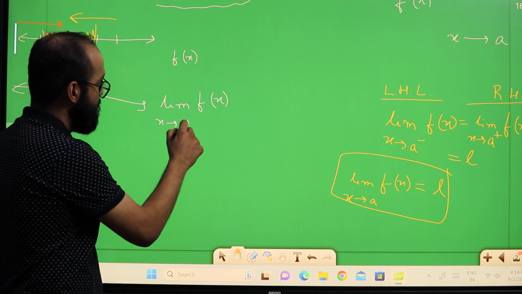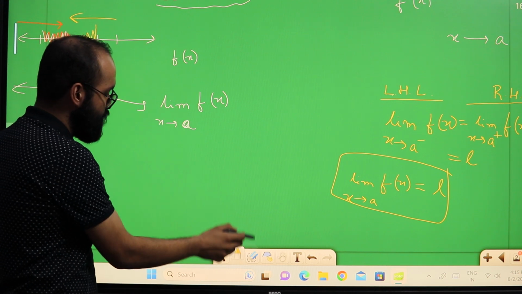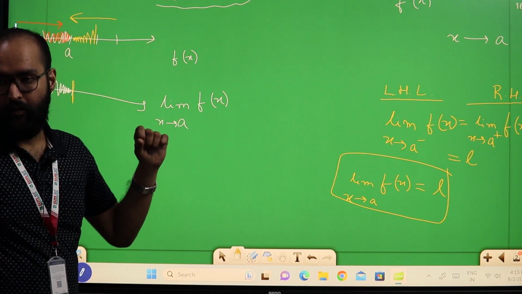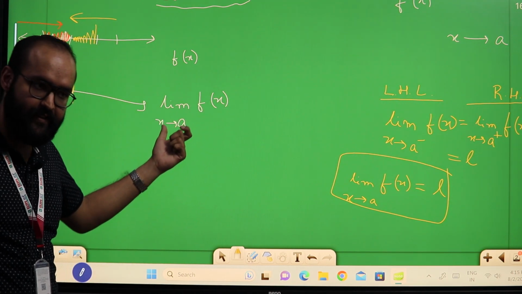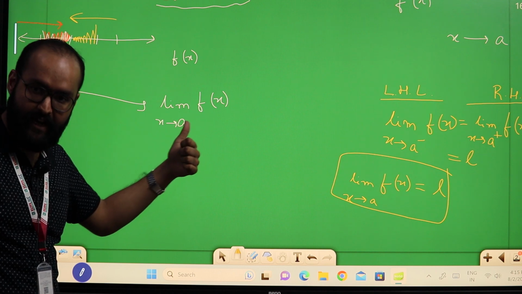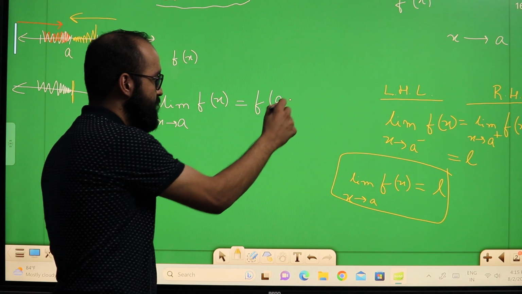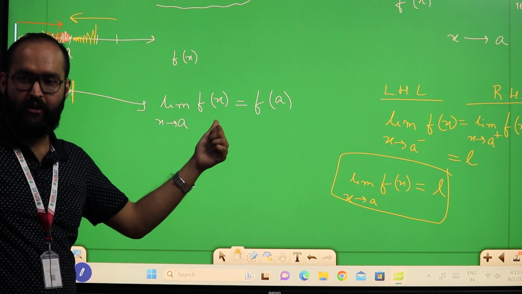Let us take a. A function f(x) is said to be continuous at a point x equal to a when the limit of the function exists at x equal to a, and that value of the limit will be equal to f(a).